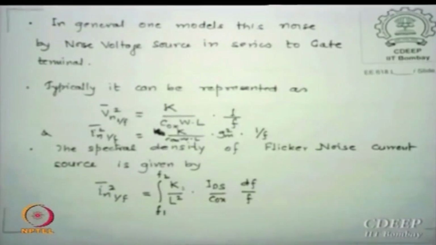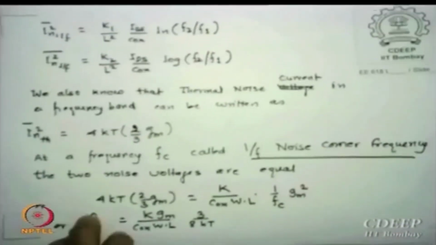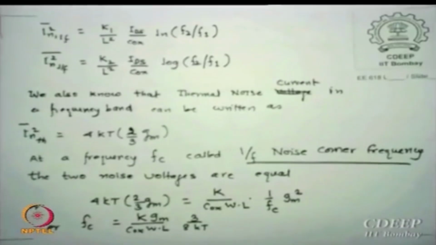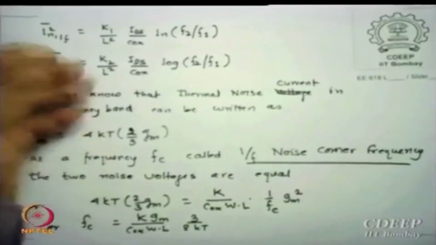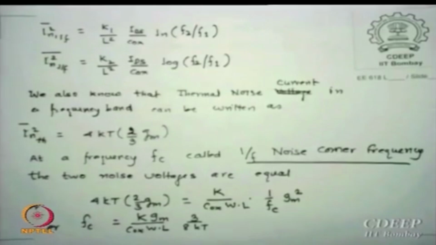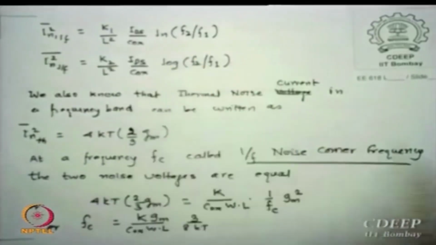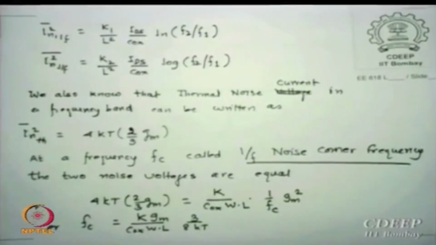Now if I integrate this term, the only frequency term is df by f, so it is log f, and therefore it can be k1 by L square, IDS by Cox, ln f2 by f1. If I take some more constant out, 2.303, then it is k2 by L square, IDS by Cox, log f2 by f1.